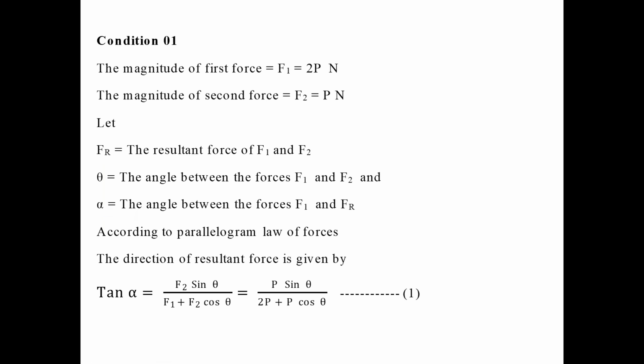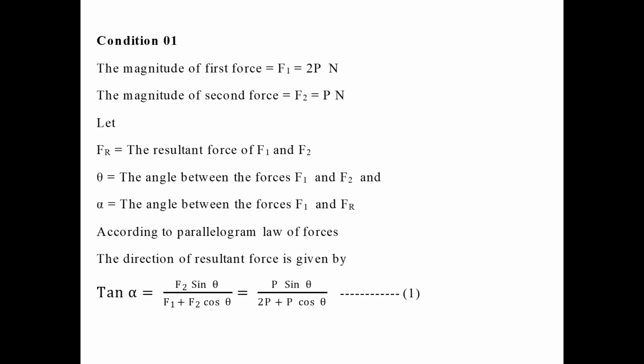We know that in the parallelogram law of forces, tan alpha is equal to F2 sin theta divided by F1 plus F2 cos theta. What is F2 in the first condition? p Newton. What is F1 in the first condition? 2p Newton. Substitute them on the right hand side to find tan alpha in the first condition.